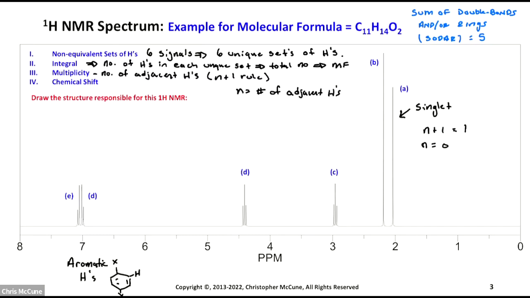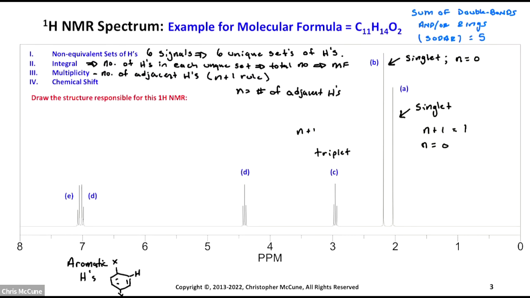That means whatever set of hydrogens is giving rise to that peak, it's on an atom whose adjacent atom doesn't have any hydrogens attached to it at all. Okay, so the same thing I could say here, that's a singlet. And so N is equal to 0 as well. If you go to C, that's a triplet.